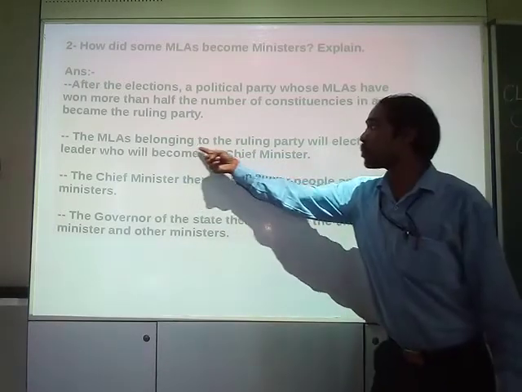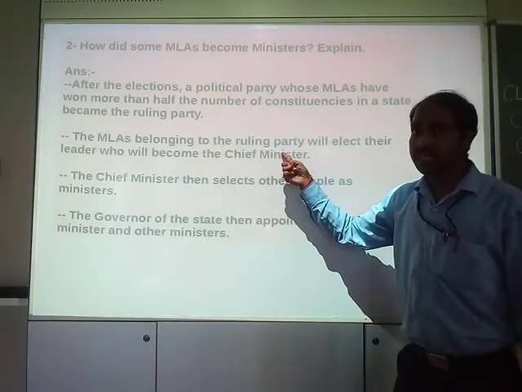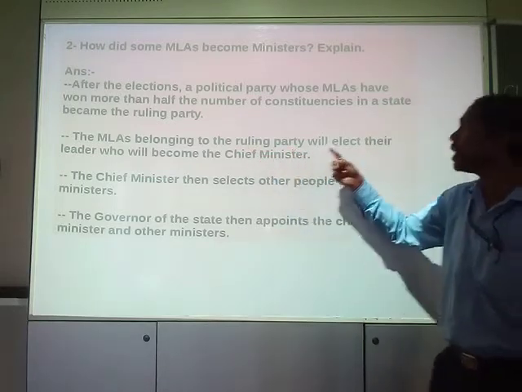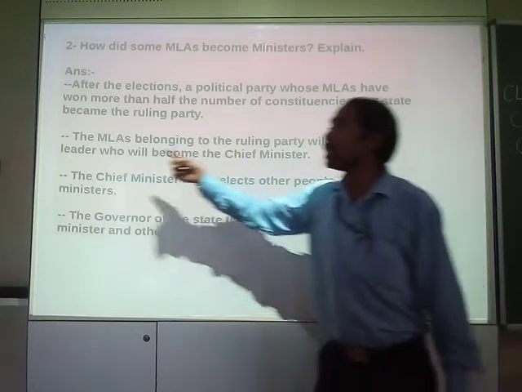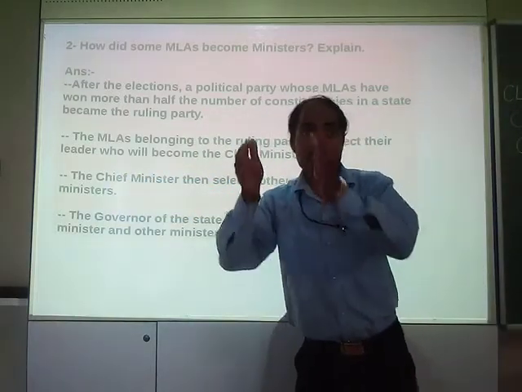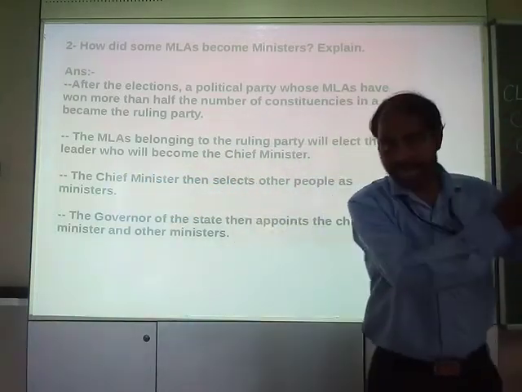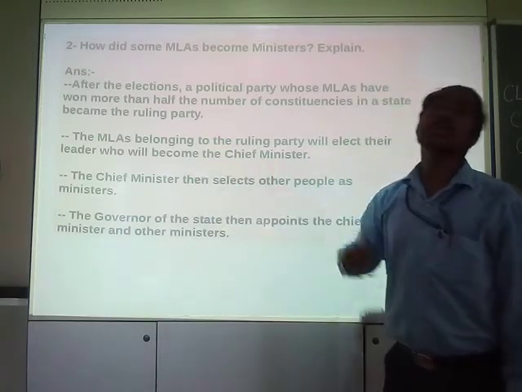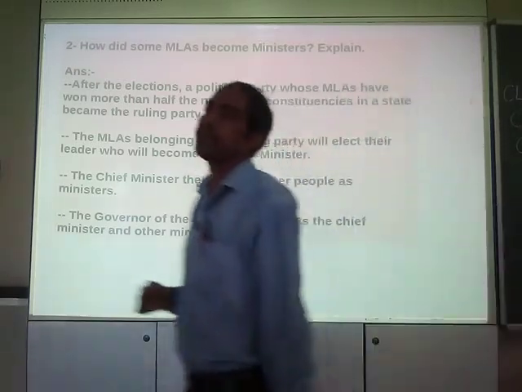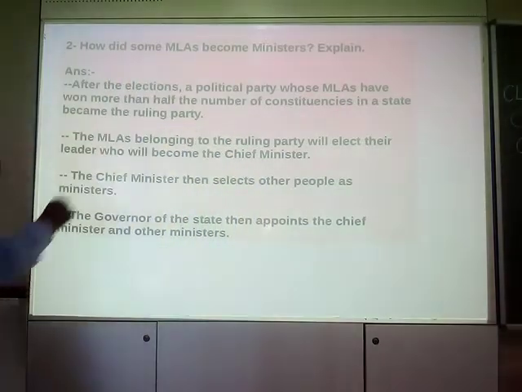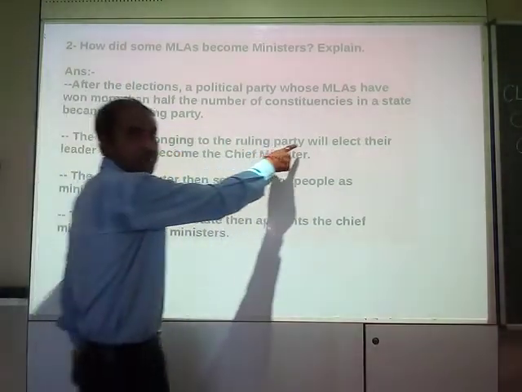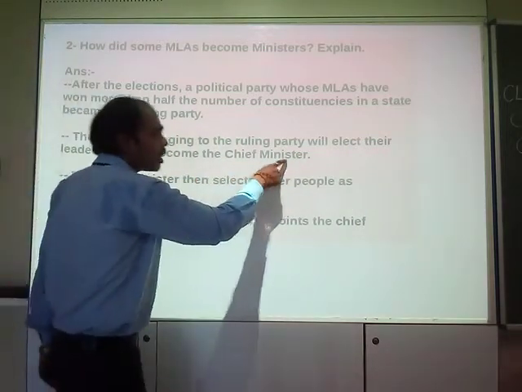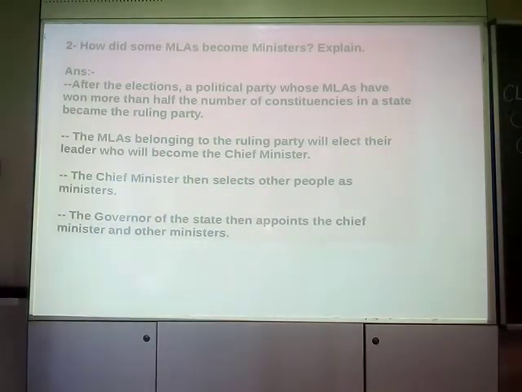Now the MLAs belonging to the ruling party will elect their leader. These MLAs choose their leader, and that leader is the CM, Chief Minister. Okay, so MLAs belonging to ruling party elect their leader who becomes the CM, Chief Minister.